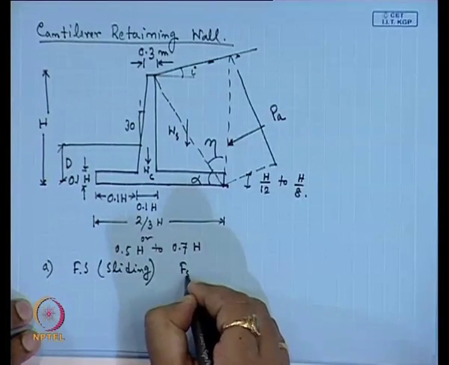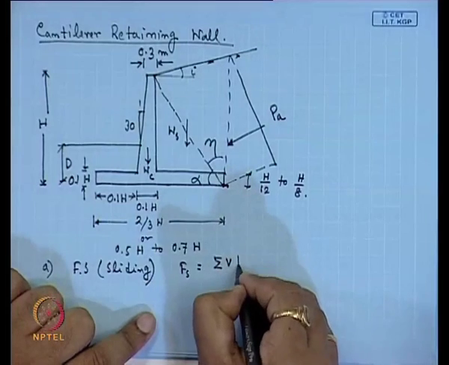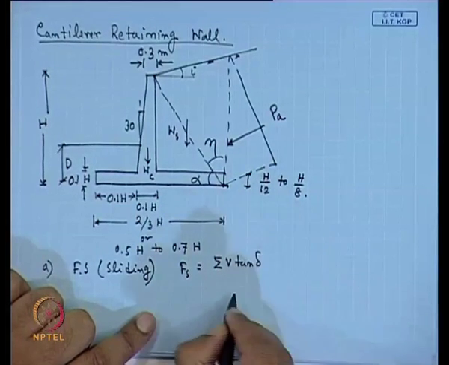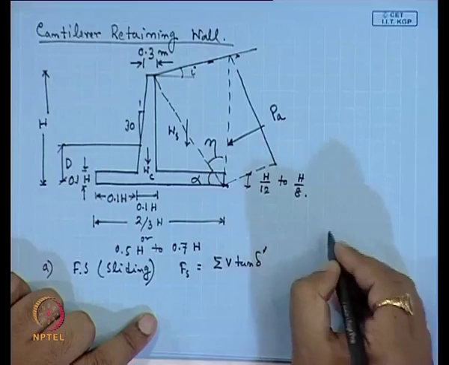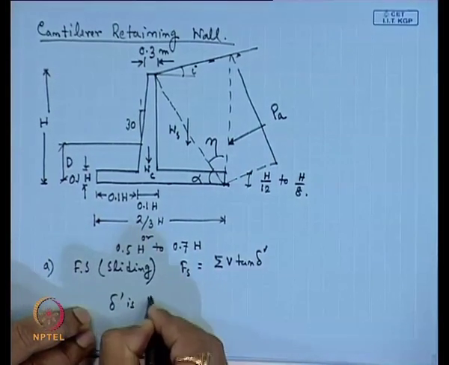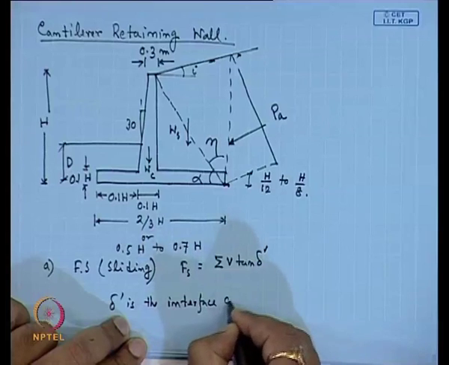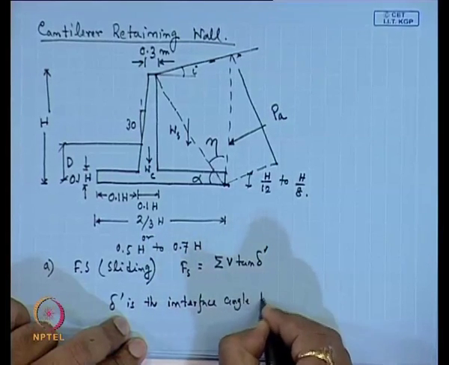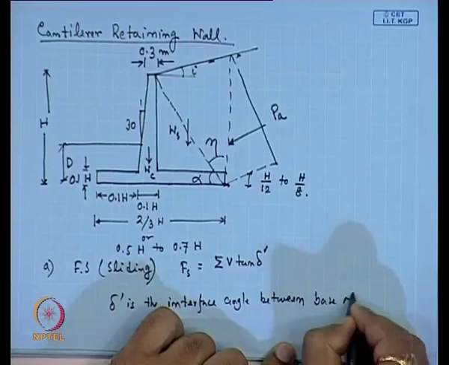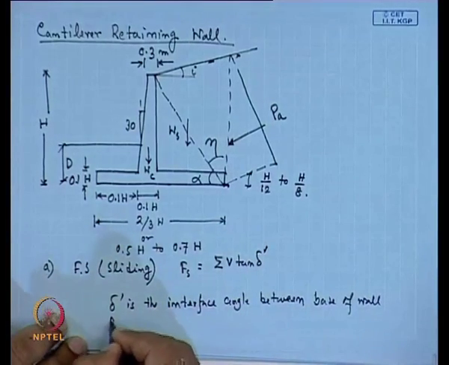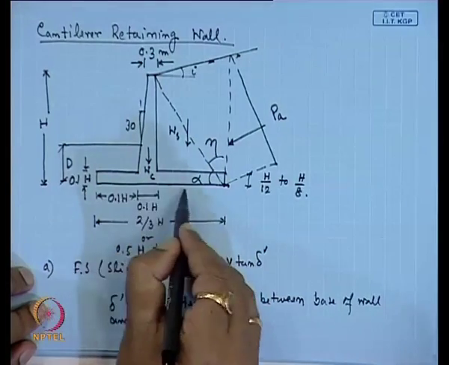Okay, so this factor of safety will give us the total vertical force for the sliding, into tan delta or delta dash, where delta dash is the interface friction angle between the base of the wall and the soil.